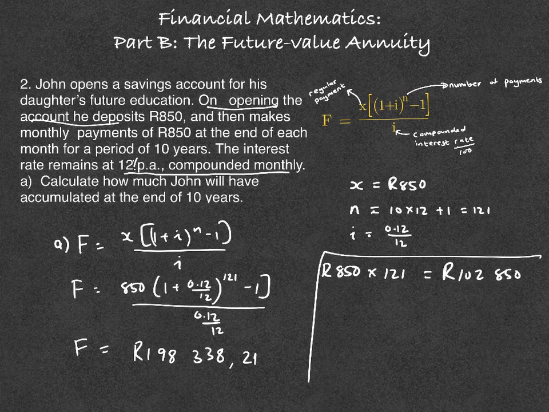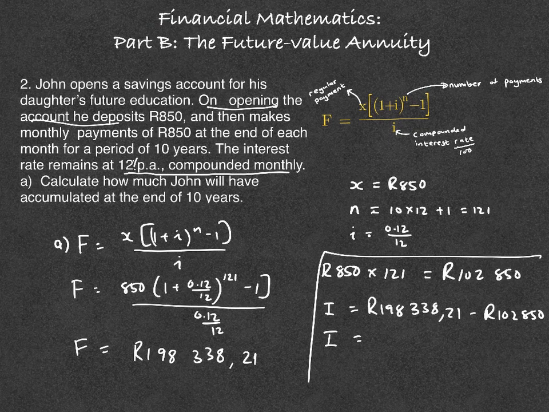But how much is the investment worth in total? How much did the future value accumulate to? It's 198,338 Rand and 21 cents, minus the 102,850 Rand of the regular payments that he made.